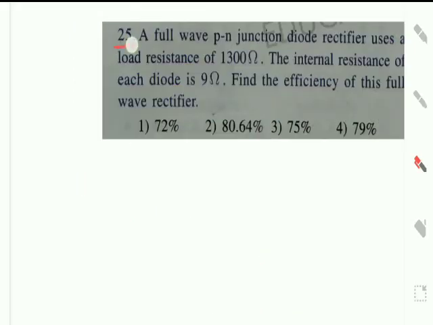A full wave PN junction diode rectifier uses a load resistance of 1300 ohms. The internal resistance of each diode is 9 ohms. Find the efficiency of the full wave rectifier. He is asking the efficiency of a full wave rectifier.